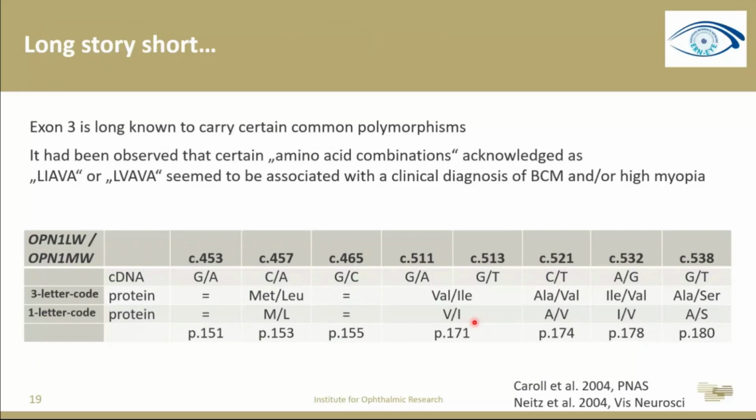Exon 3 had long been known to carry certain common polymorphisms that are spread in the normal population, but it was observed that, what we thought at that time, certain amino acid combinations seemed to be linked to BCM or Bornholm eye disease, and they had been acknowledged as LIAVA and LVAVA, so on the protein level sequence. But actually they are, of course, due to polymorphisms on nucleotide level.